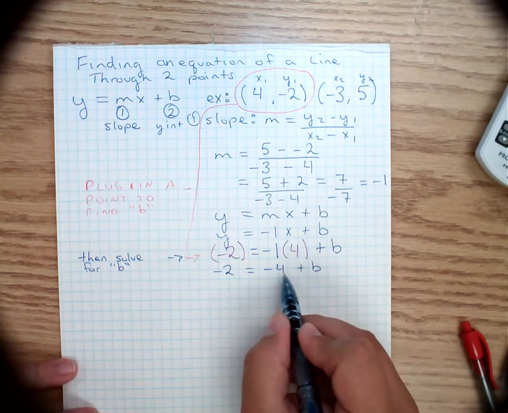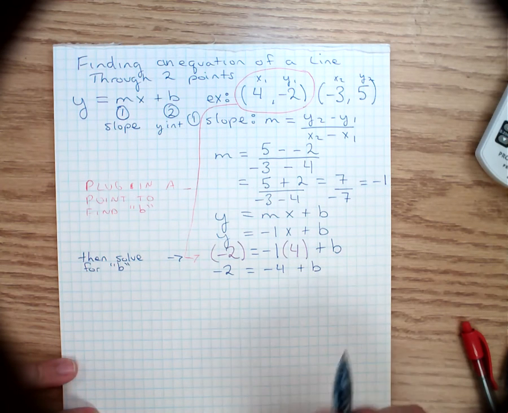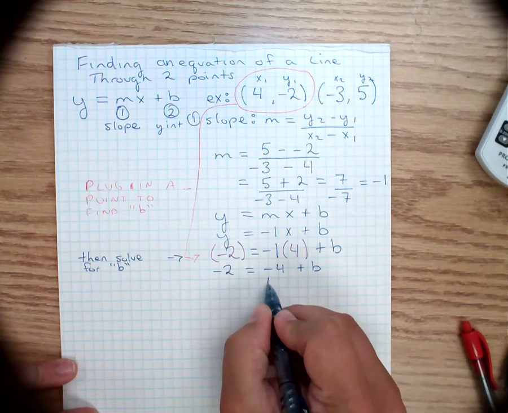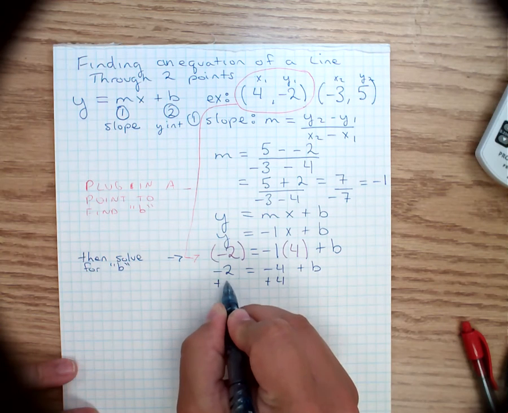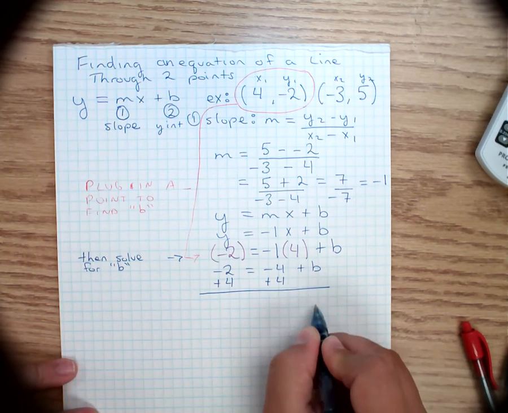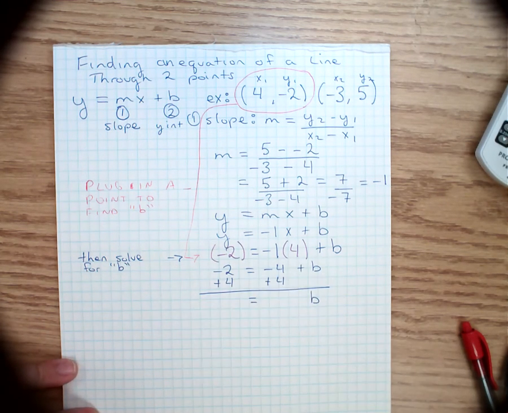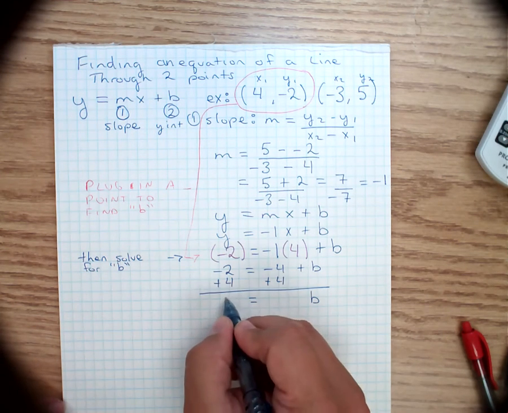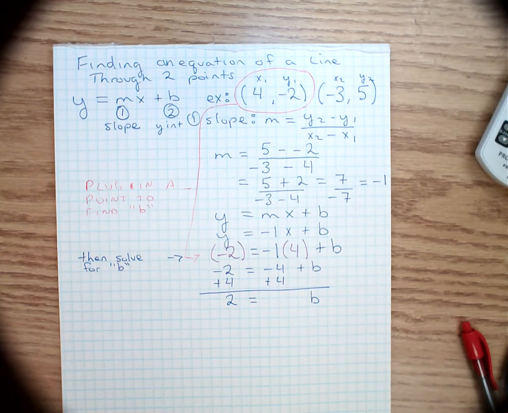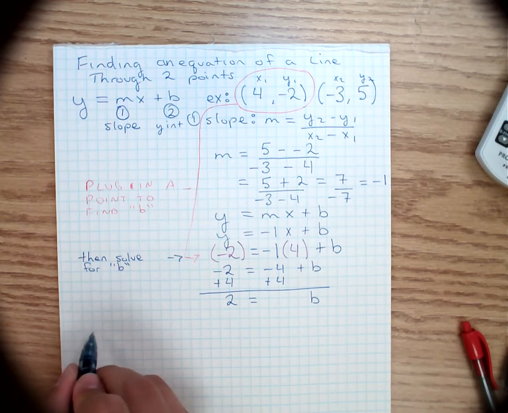And now let's see. I just solve my b value, right? So I add 4 to each side. And b equals +2.